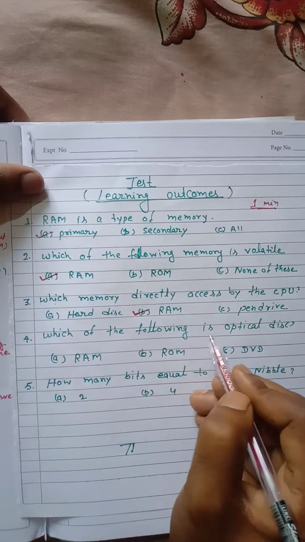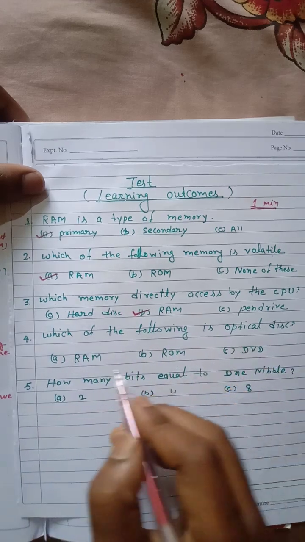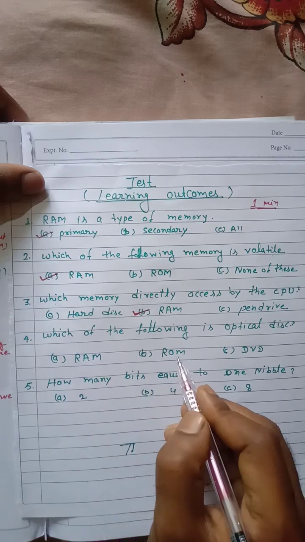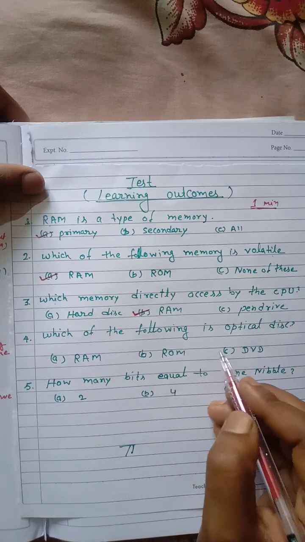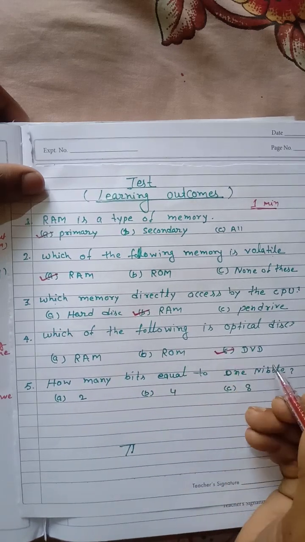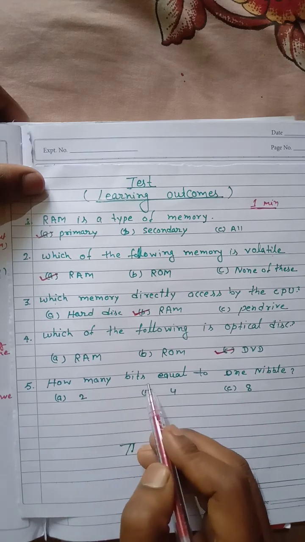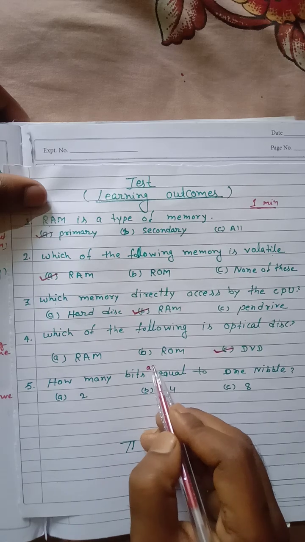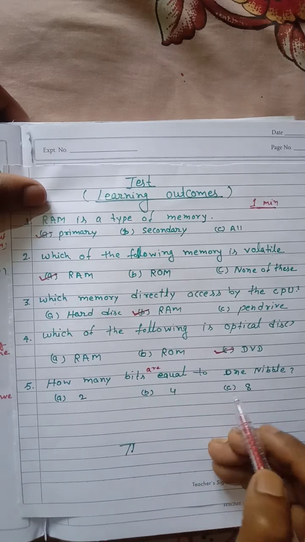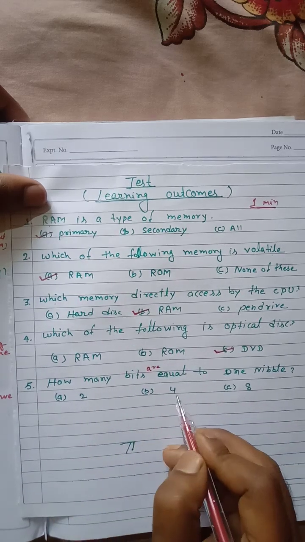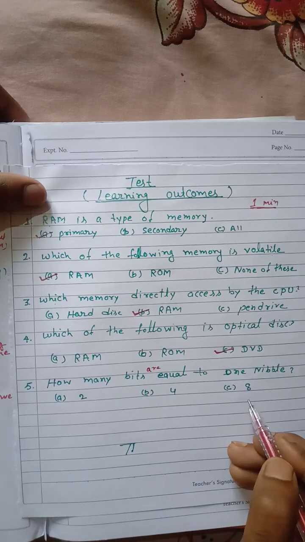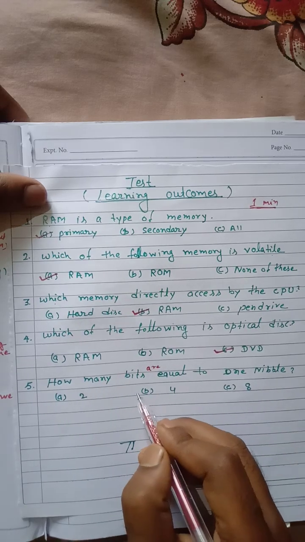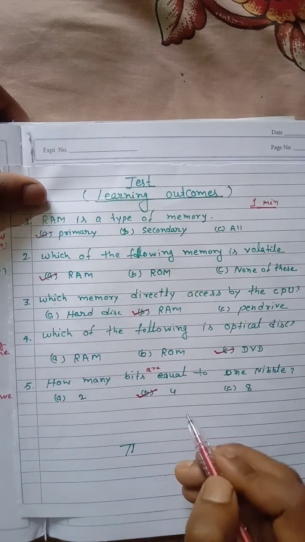Which of the following is an optical disk? RAM, ROM and DVD. The right answer is DVD. How many bits are equal to 1 nibble? 2, 4, 8. If you tick 4, then it is correct.